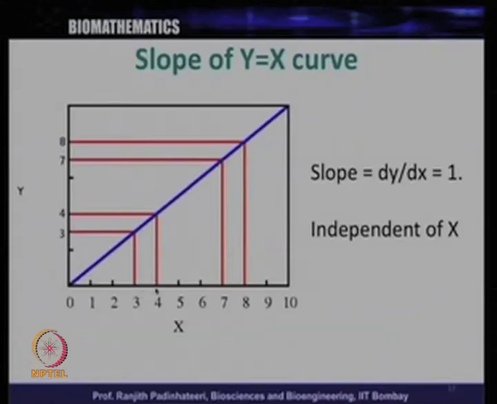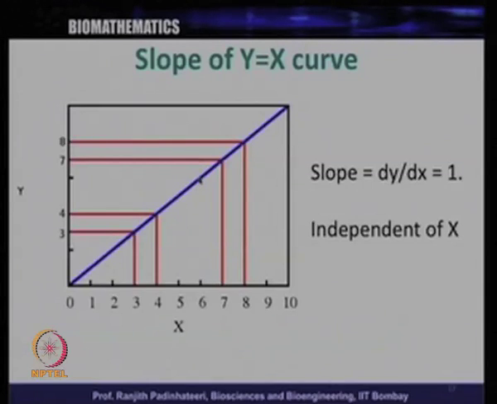Now, instead of taking 3 and 4, let us take 7 and 8 as you see here. If you plot a line from 7, you end up at 7. You plot a line from 8, the corresponding y value is 8. So, 8 minus 7 is 1, here also 8 minus 7 is 1. So, the change in x here is 1, the change in y here is also 1, so dy by dx is 1.